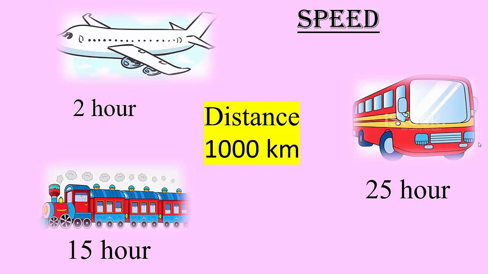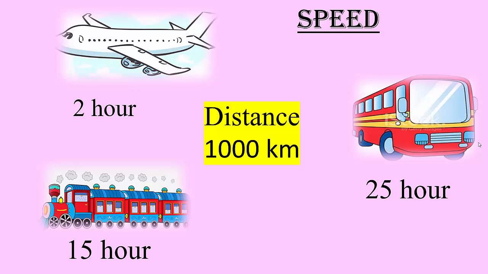When you choose a plane, within 2 hours you can reach that place. But when you choose a train, that train is moving faster than a bus, but it is slower than a plane because it takes 15 hours. When you are going by bus, it takes 25 hours to reach that destination.